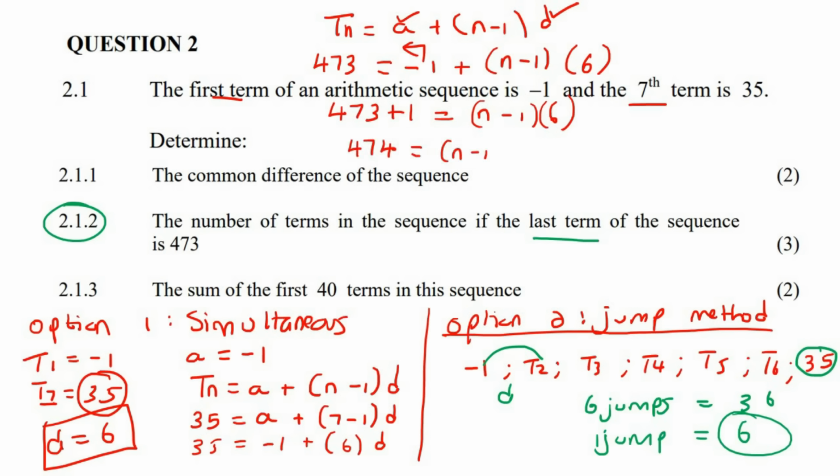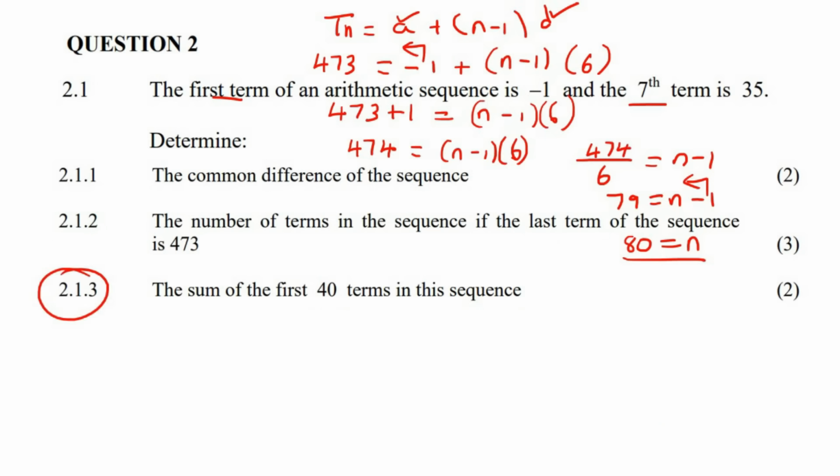So I'm going to divide both sides by 6. We end up with 474 over 6 equals n minus 1. What is 474 divided by 6? Anyone? Just joking. I'm using my calculator. And so that's going to be 79 equals n minus 1. Take the minus 1 over and you end up with n equals 80. So that means that there are 80 terms in this pattern.